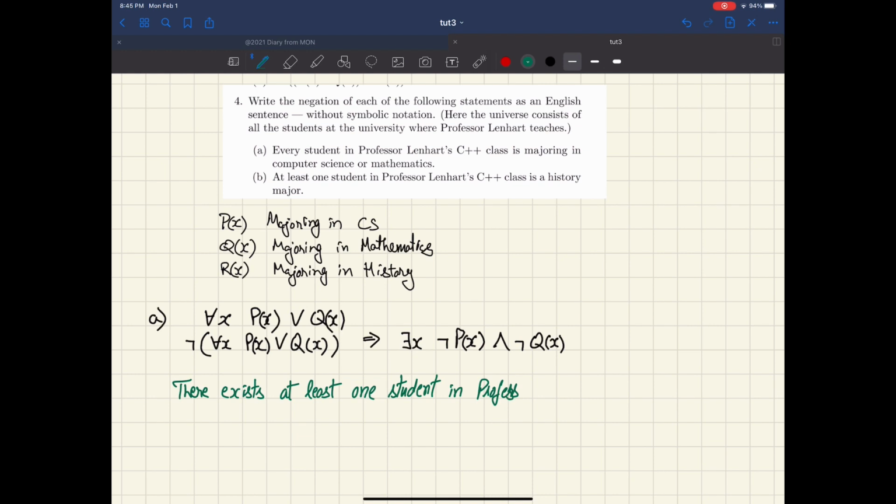Now, we could do it in another way as well, since they said X is the universe of students at the university. So here we didn't consider that they are enrolled in Lenhart's class. So we could add that as well, but this interpretation is fine too.